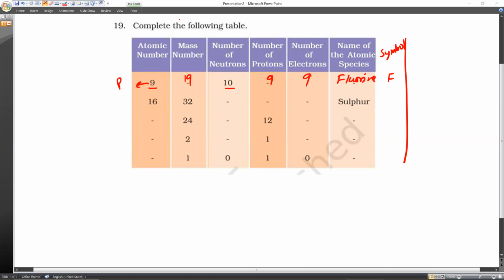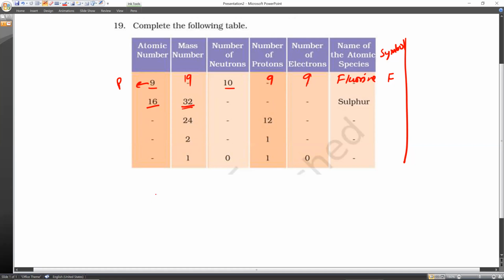Sir, number of neutrons is 26. Not 26. Atomic mass and atomic number.